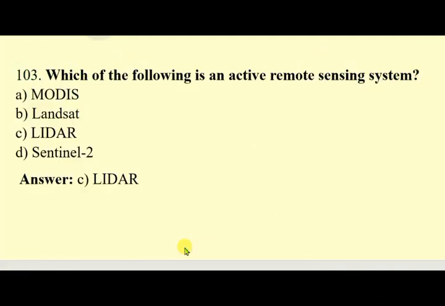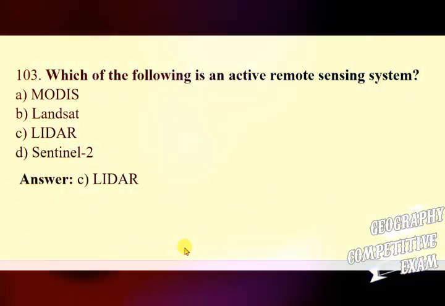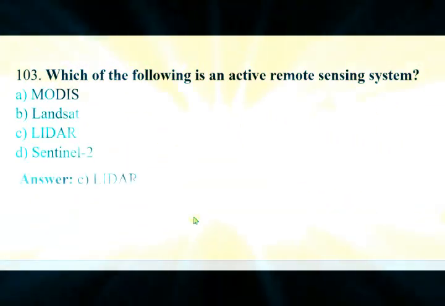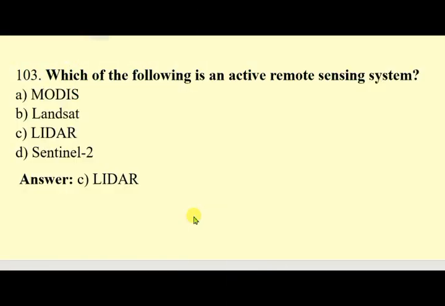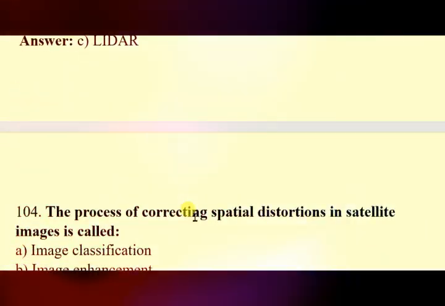But LiDAR has its own energy to collect data, similar to the synthetic aperture radar principle, and LiDAR helps in topographic surveying, not for Earth surface features, but topographic means altitudinal values of the Earth surface.